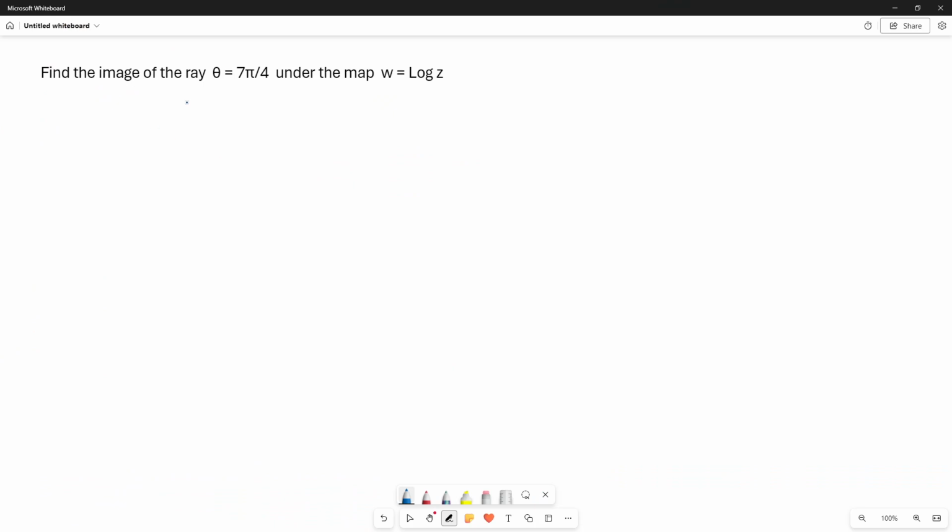We would like to find the image of the ray theta equals 7 pi over 4 under the map W equals the principal branch of the logarithm.